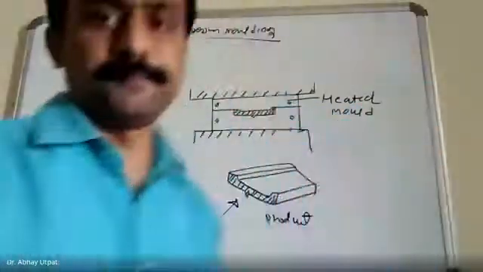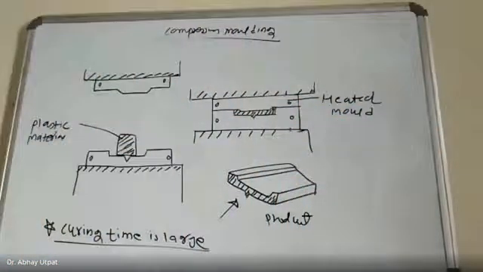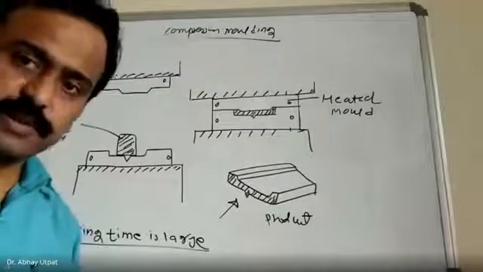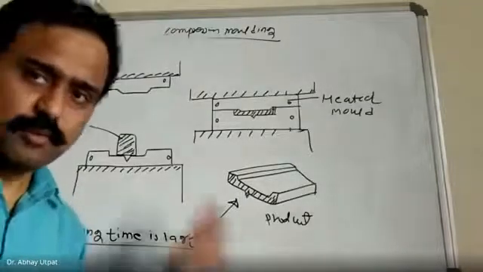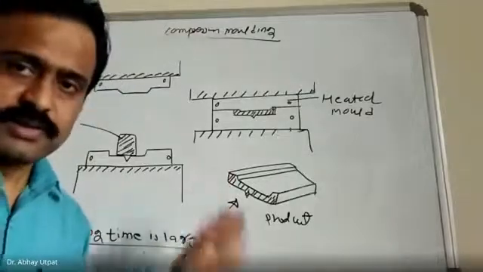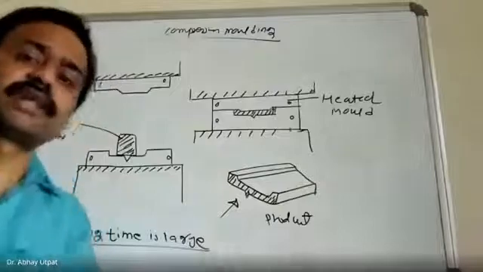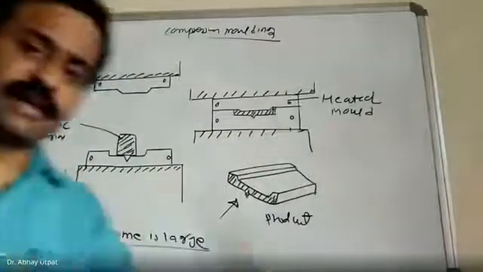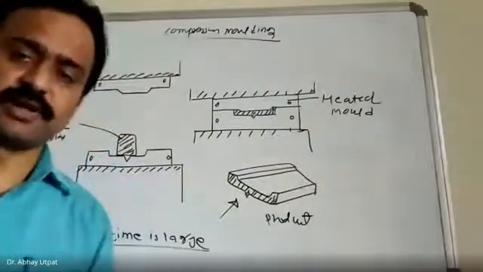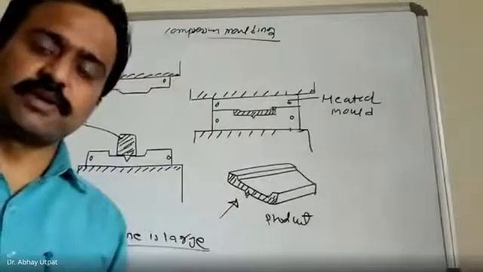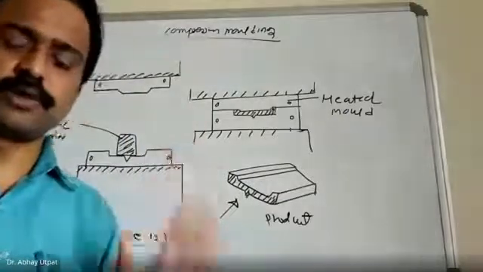Now, I hope you have drawn this figure. I'm going to erase it. So, if some limitations are there in the flowing of material, compression molding is advanced to the next technique. The next technique's name is transfer molding. Transfer molding works on the principle of compression molding only.